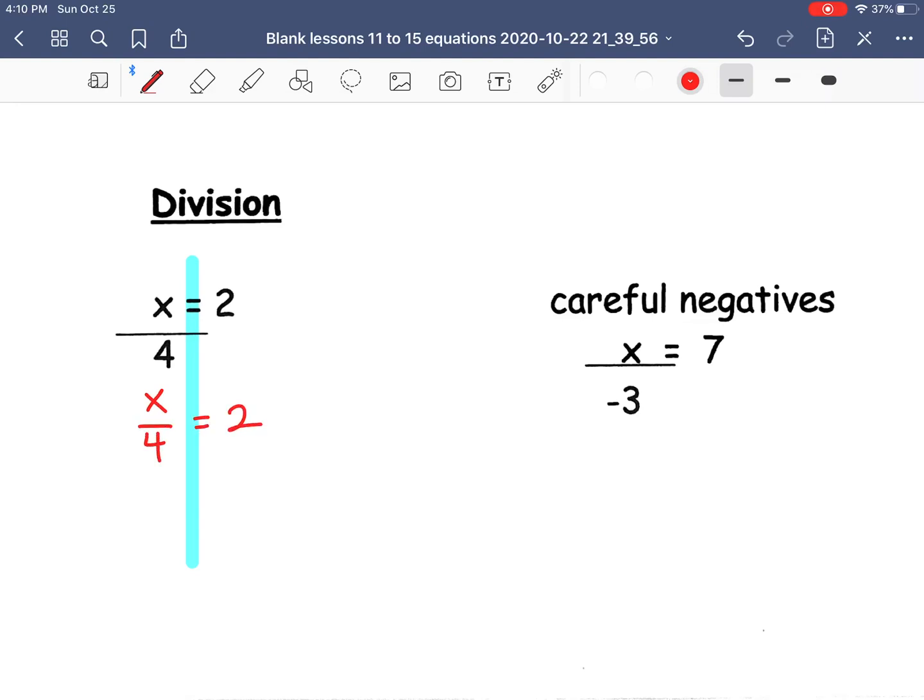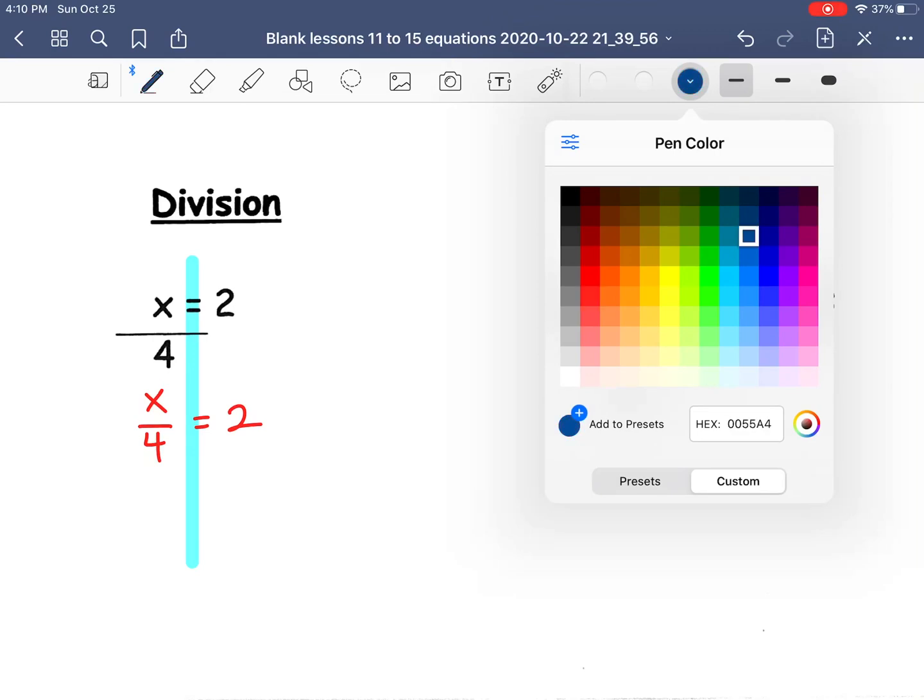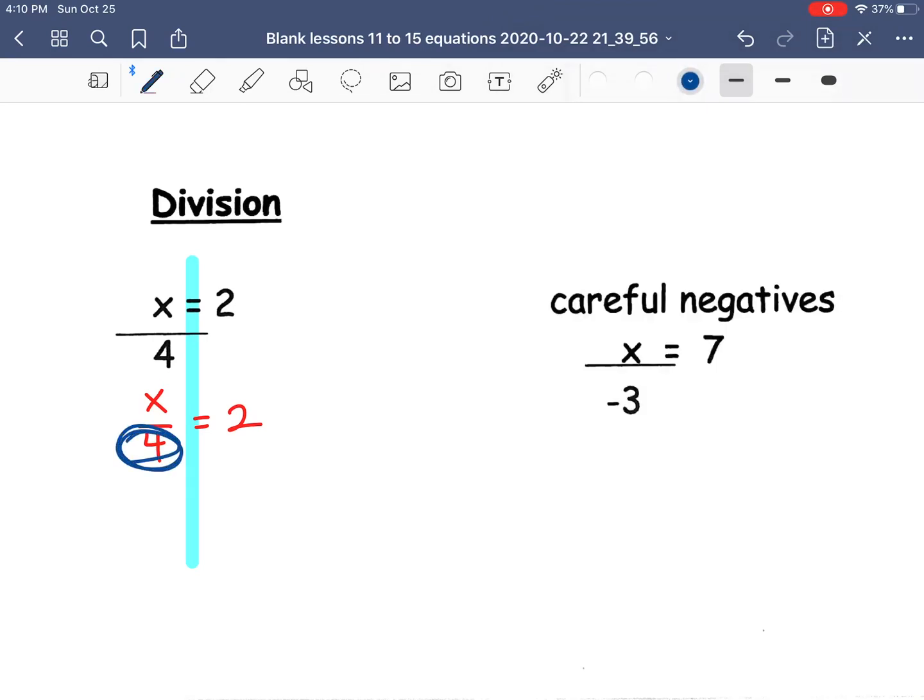Now the opposite of dividing by something, I would put that multiplication on top. So multiply by 4 on each side. So 4 divided by 4 again would be 1x, so just x. 2 times 4 here would be 8.